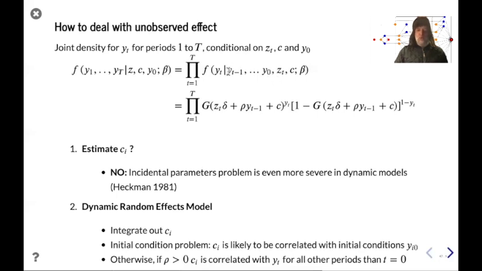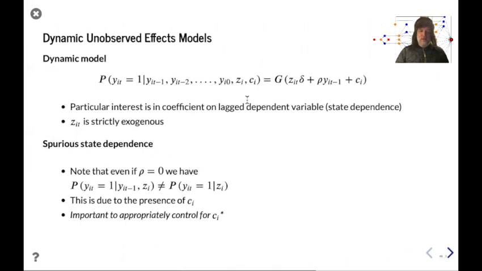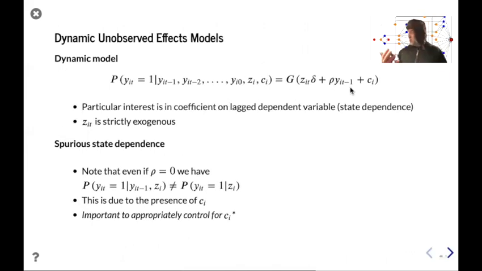Now, remember also that we assumed that once we have conditioned on the lagged dependent variable, the rest of the history didn't matter anymore. So everything about the past is captured by only one lag. This is what we assume in our model. We could assume other types of dynamics, but this is what we have assumed.